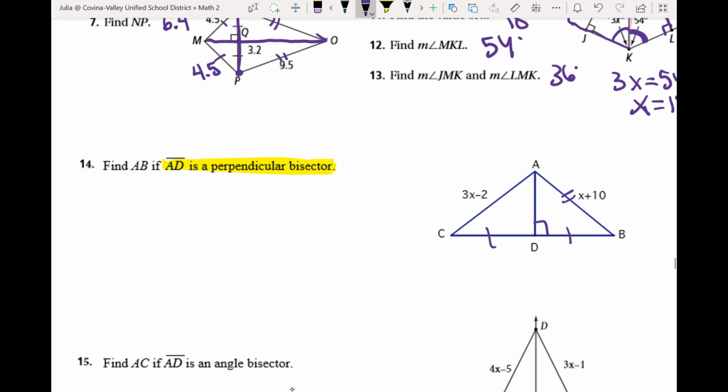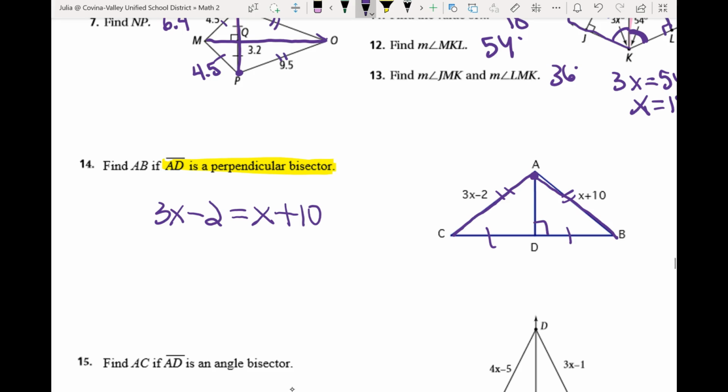Before you go on, what fact did you use? What equation did you make? Good. Since it's a perpendicular bisector, that point A is the same distance to this endpoint as it is to that endpoint. So 3x minus 2 equals x plus 10. Go ahead and solve it and answer the final question.